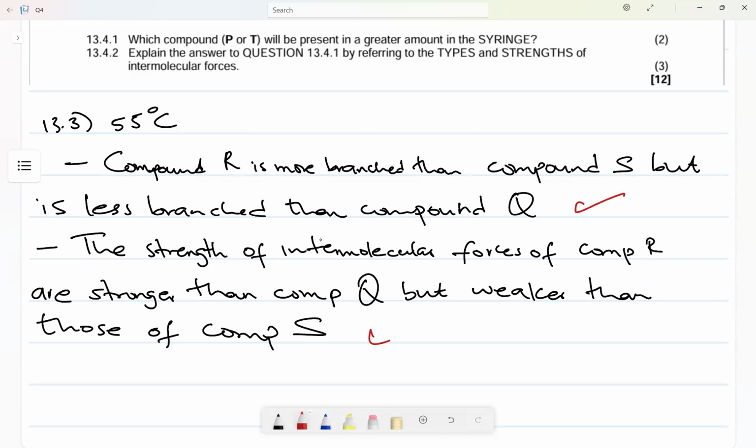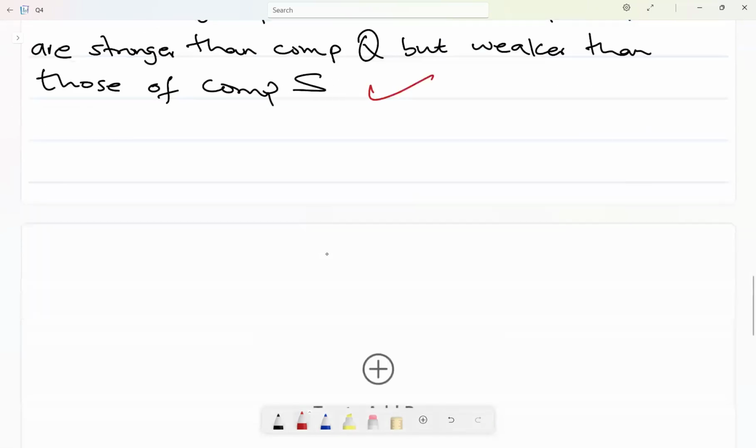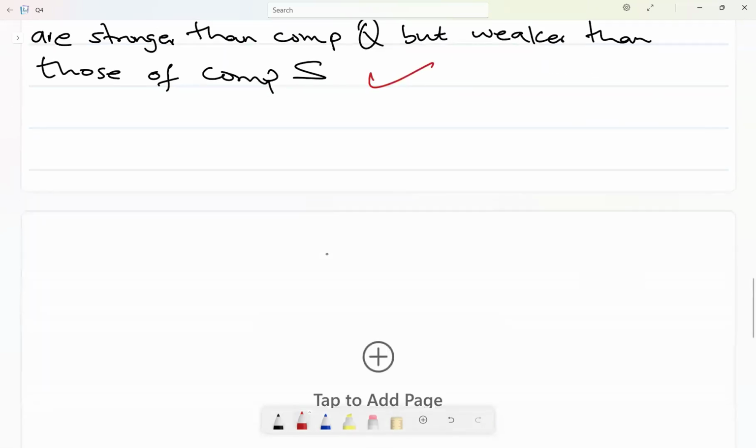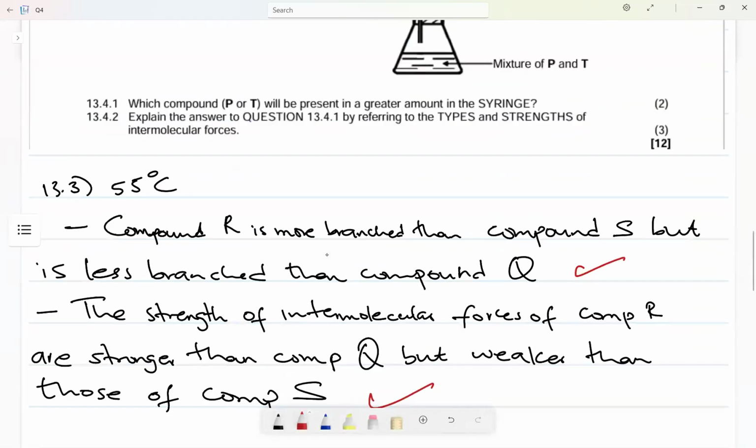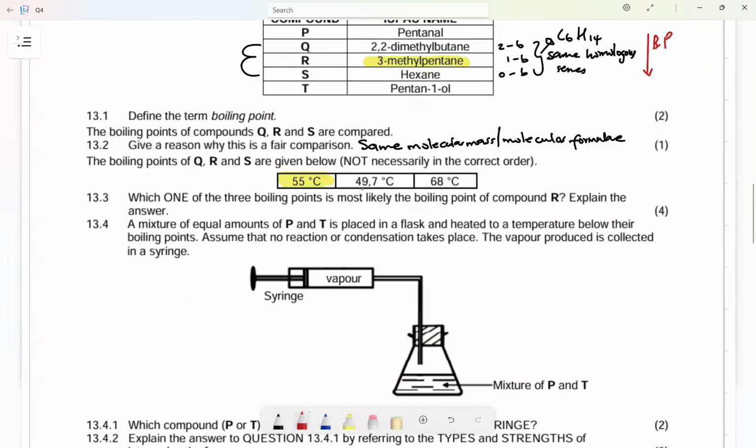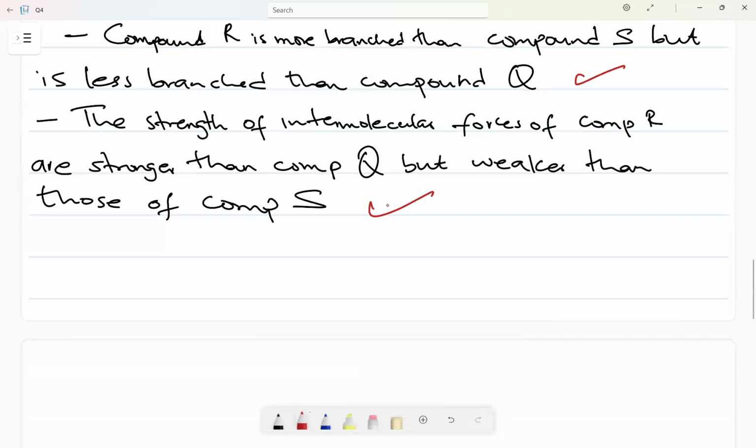First mark here, second mark here. The third mark is you telling us therefore. Remember the first mark here, you got it from 55 degrees. And if you say 49.7 degrees, you will apply negative marking.